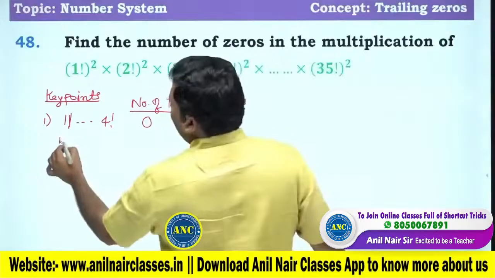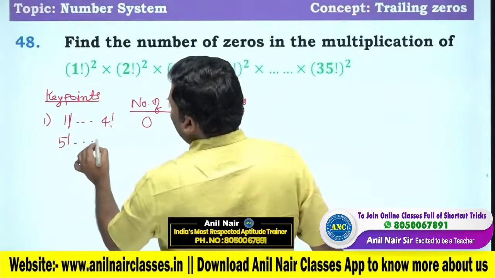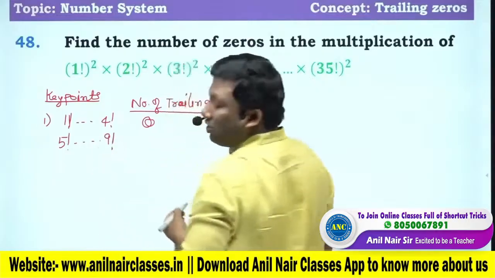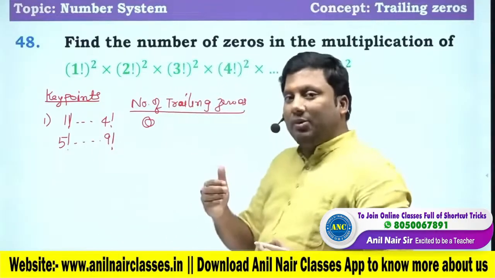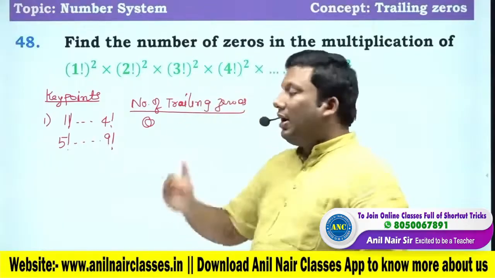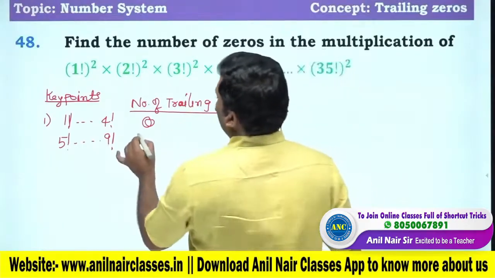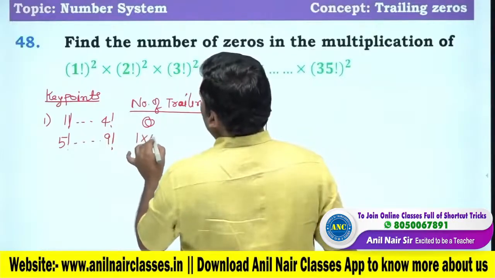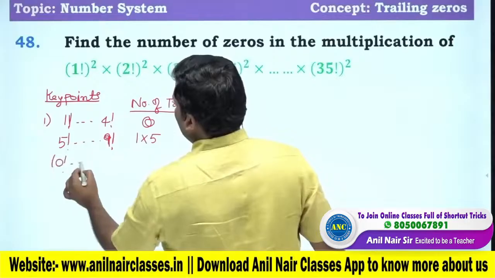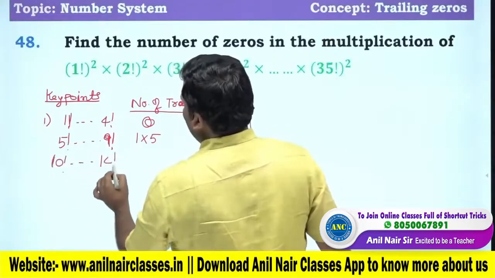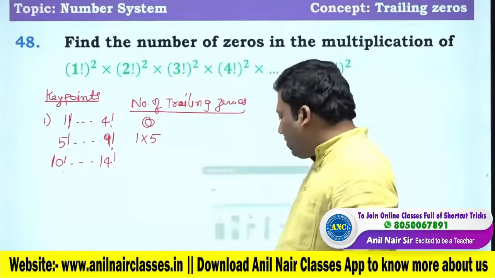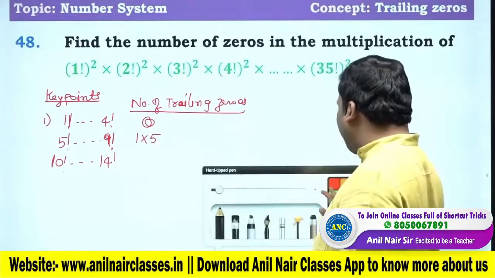Similarly, 5 factorial till 9 factorial. For 5 factorial, the number of trailing zeros will be 1. The same will be there for 6 factorial, 7 factorial, 8 factorial, 9 factorial. So 1 into 5, I will get it. Similarly, from 10 factorial till 14 factorial, whatever the number of zeros for 10 factorial, the same will be there till 14 factorial.